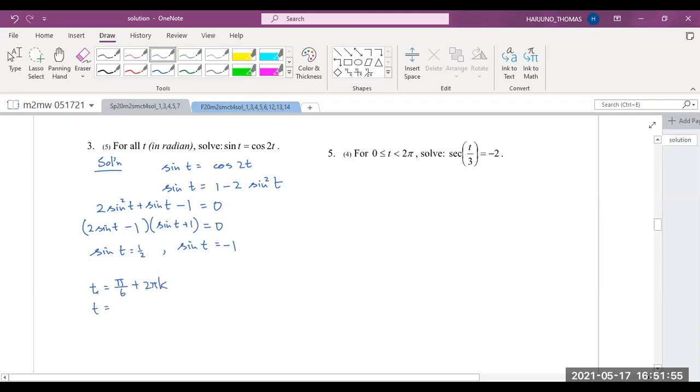And in quadrant 2, that's 5 pi over 6 plus 2 pi k. -1 means t equals 3 pi over 2 plus 2 pi k. Okay, so those are the solutions.